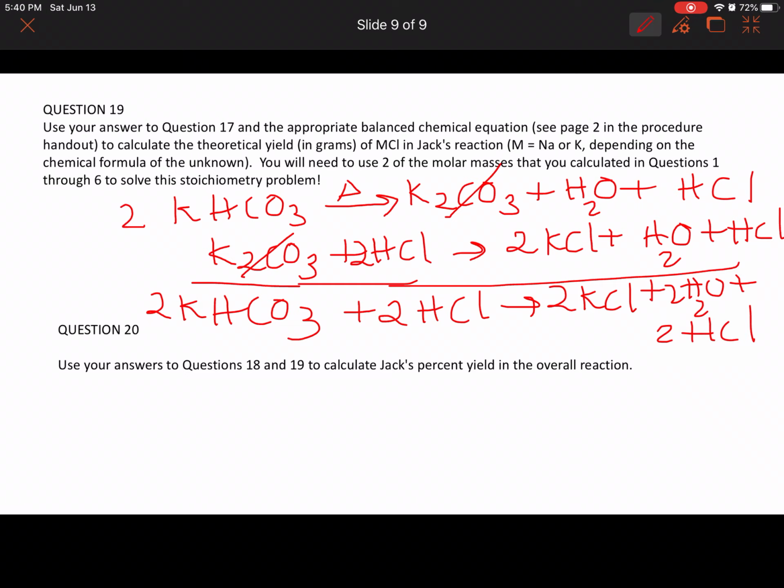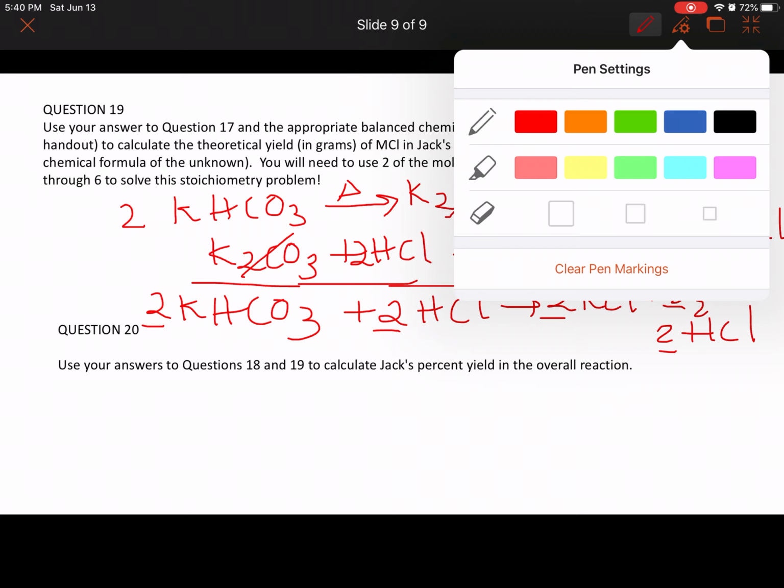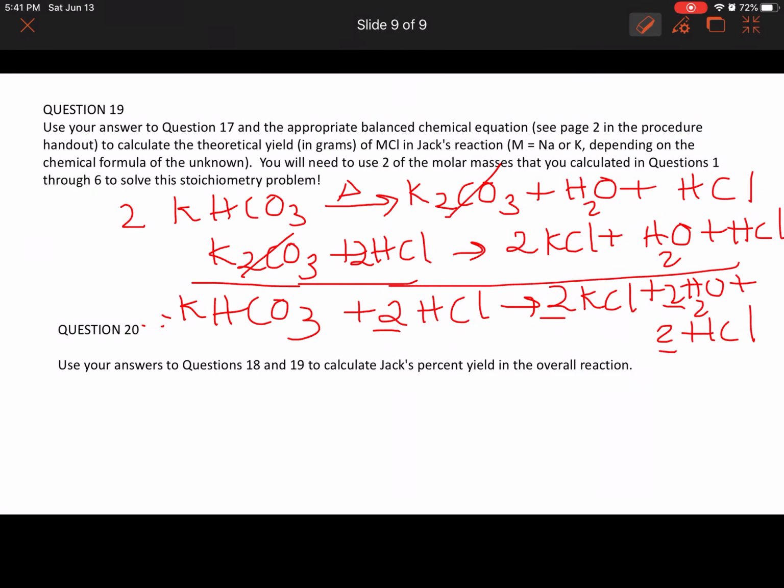And then all of these have 2, so basically you can divide it by 2 to get the overall reaction, a 1 to 1 to 1 ratio. So I'm going to go ahead and erase it over here. It'll all become a 1 to 1 ratio.